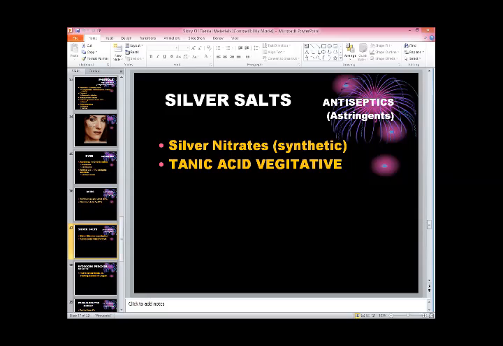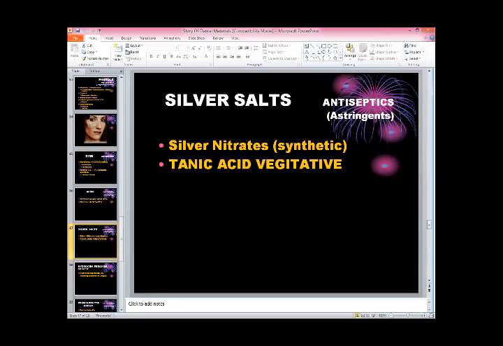What do you understand by astringents? Every compound which is known as an antiseptic is an astringent. They shrink, constrict the body tissue. Yes.